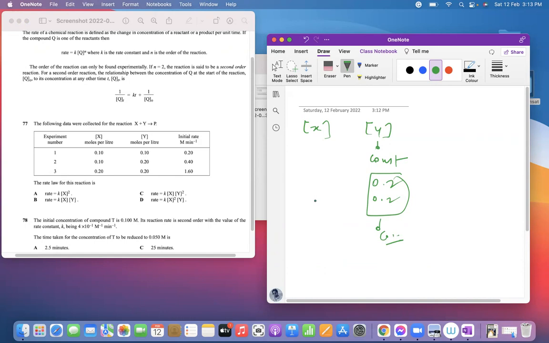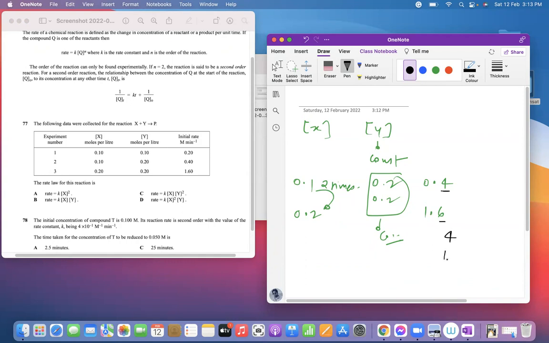And X becomes 0.1 to 0.2, which means 2 times. And at that time, if you look at the rate, that is 0.4 and that is 1.6. If you have a problem with decimal, you can write this one as well. After decimal, there is 1 digit, and after decimal, there is 1 digit.